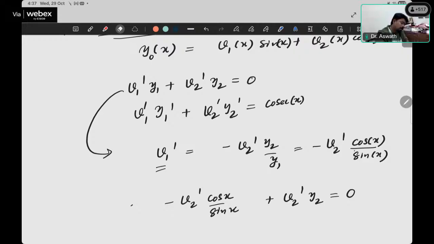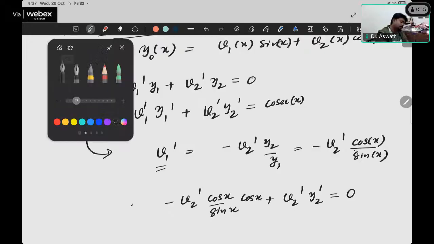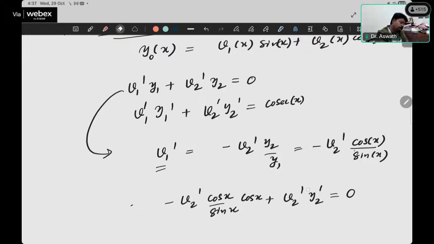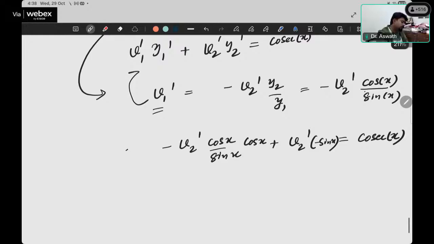Then plus v2 prime y2 dash, where y2 dash is the derivative of cos x, which is minus sin x. This is equal to cosec x.